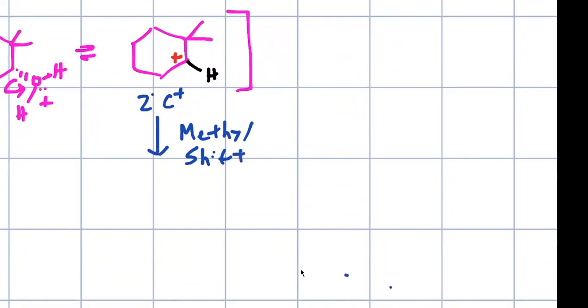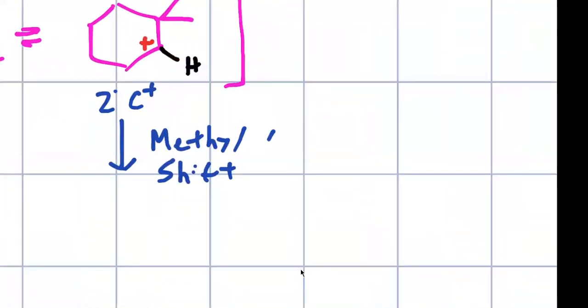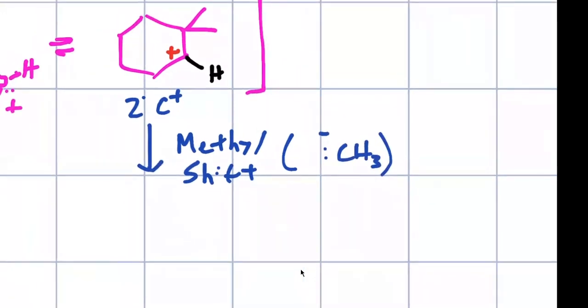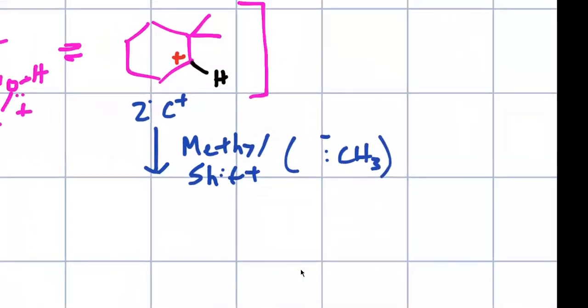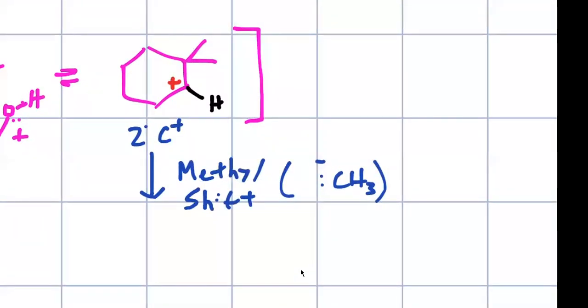Right. So one of these methyl groups up here, and I'm just going to write it over here. You're going to shift the carbon and its electrons. So the whole group shifts over, and that's going to give you a more stable carbocation on the carbon shown up top. Right. So this whole CH3 group is going to move here.